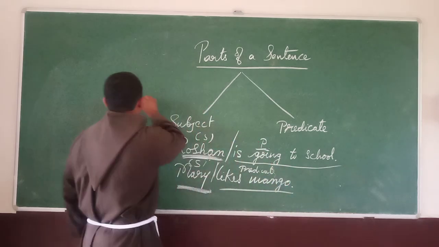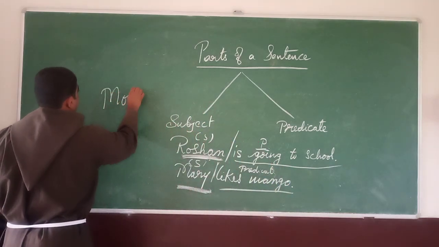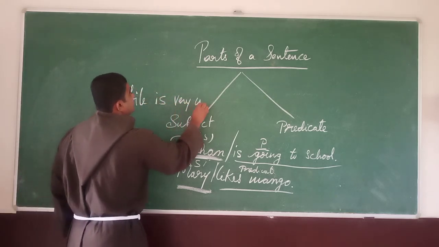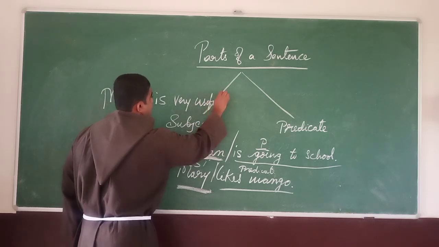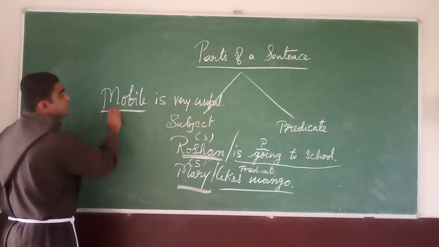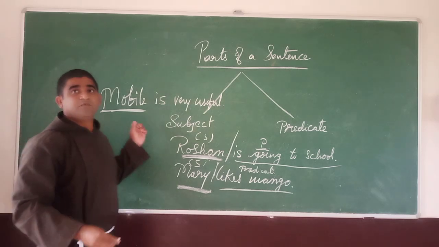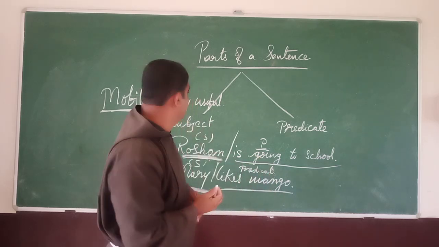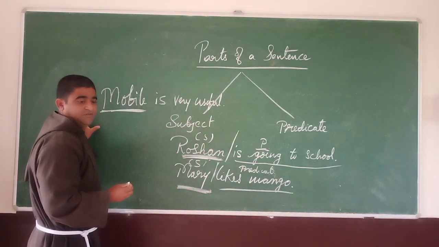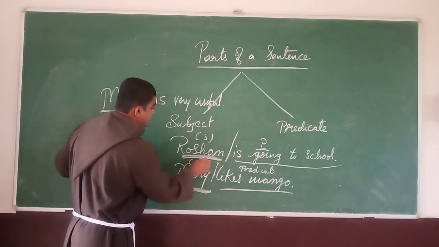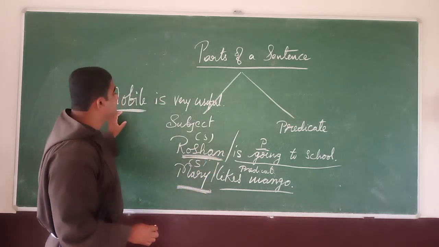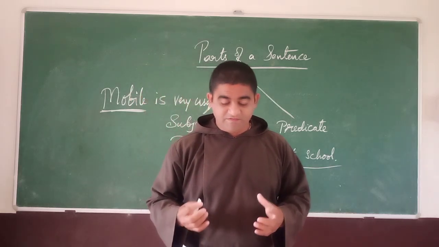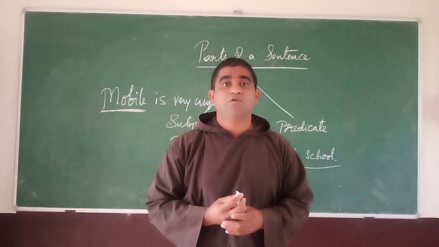Mobile is very useful. So look here, mobile is a thing. We always talk or write about a person or a thing. So that is a subject. So remember, subject is a person or a thing.